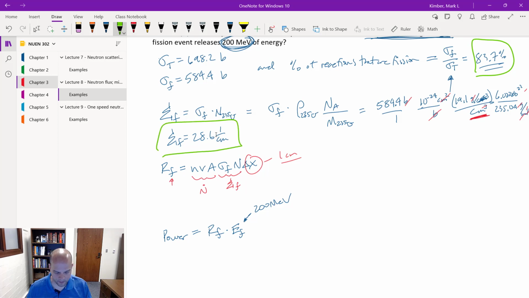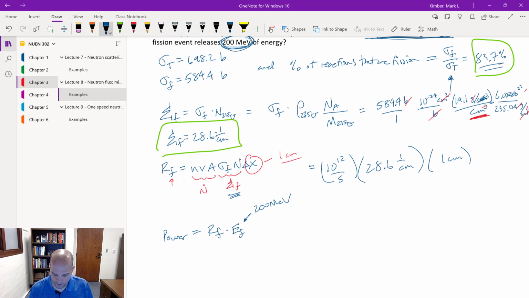That is my macroscopic fission cross-section. So now I go here, and I'm just going to multiply n dot, which was 10 to the 12th per second, by my macroscopic fission cross-section, 28.61 per centimeter. Oops. And then I need to multiply that by the slab thickness, which is just 1 centimeter.